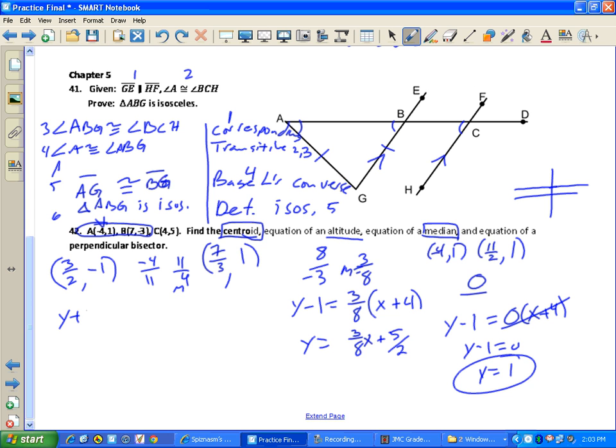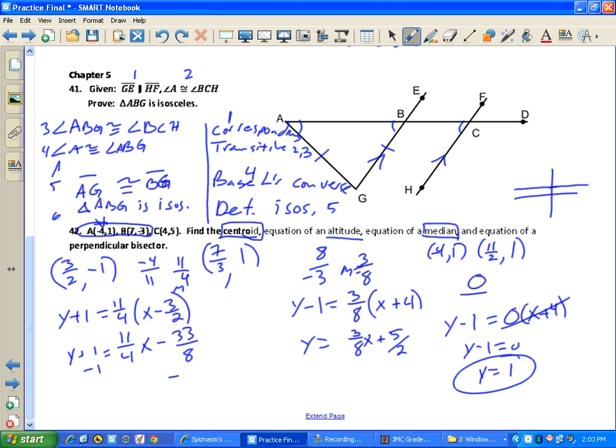Y minus negative 1, so plus 1, equals my slope, 11 fourths, x minus 3 halves. Okay, because I need to go through the midpoint. Distribute, I get 11 fourths x minus 33 eighths.